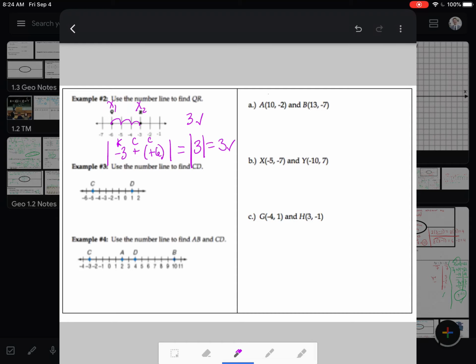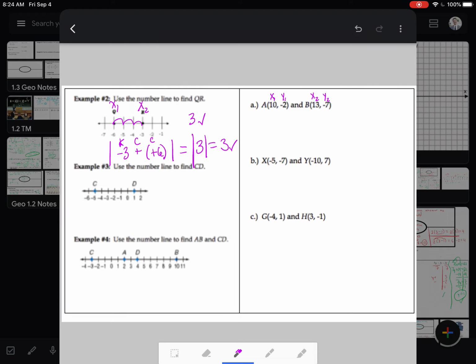Next, before you start, just like we did before, let's label. So we have x and y, and x2 and y2. So always, always, always label. And what I would say, it actually might be helpful as well, is actually drawing the formula before you start. That way you're just plugging in numbers, make your life a little bit easier.